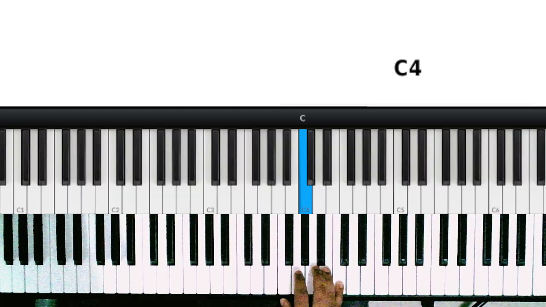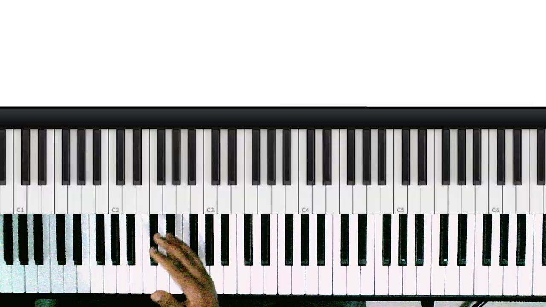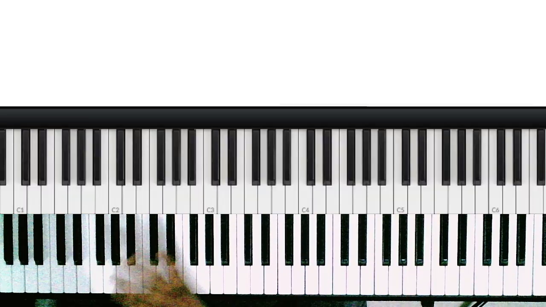Okay. So in all keys, I want you to find your 1, 4, 5 chords. This is how you start mastering all keys. You don't need to memorize every key, you just need to understand the pattern. Once you know this, you can play anywhere on the keyboard.